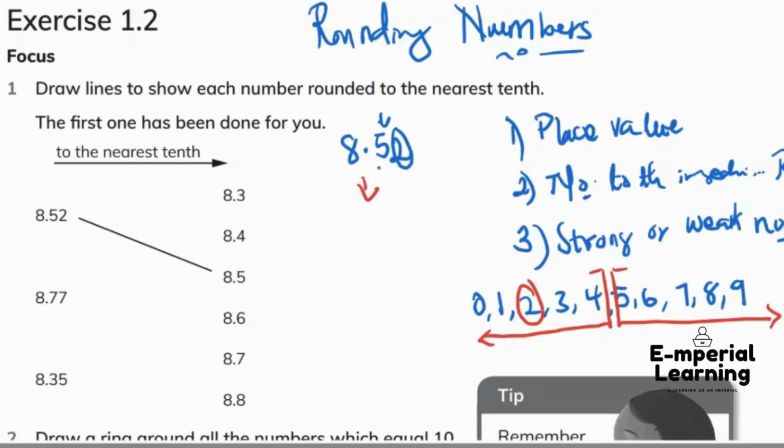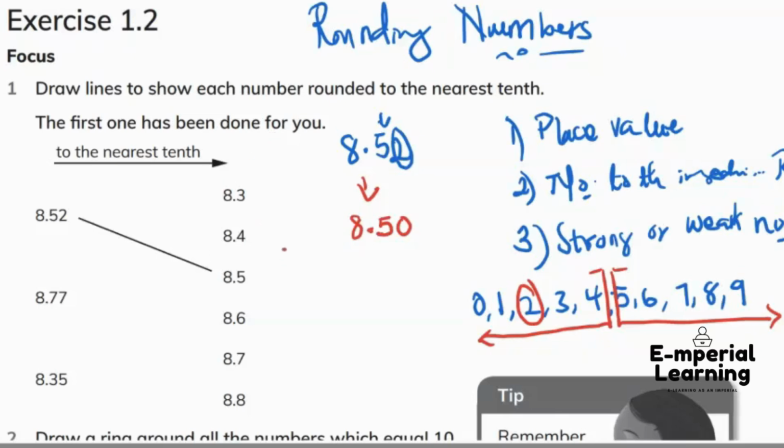So rounding this number to the nearest tenth, we have 8.50. Because 2 is a weak number, we neglect 2. So we are done with the explanation of rounded numbers.